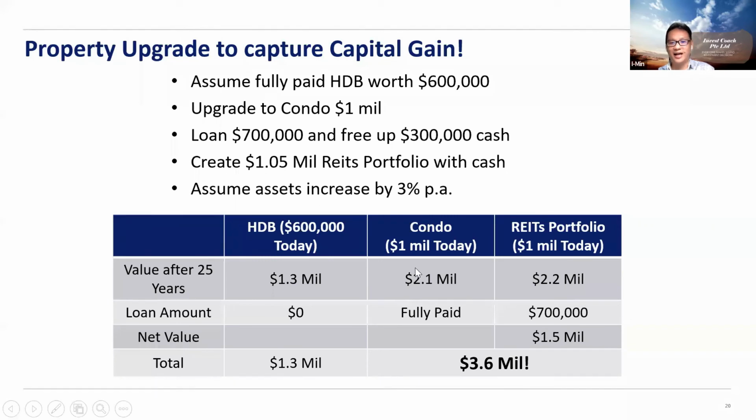Then with the exercise, I can almost triple compared to if I stay with HDB. That is how creative investment can be, but very risky, very risky. Hopefully, I didn't open a can of worms, but every time I talk about it, I'm very excited myself.